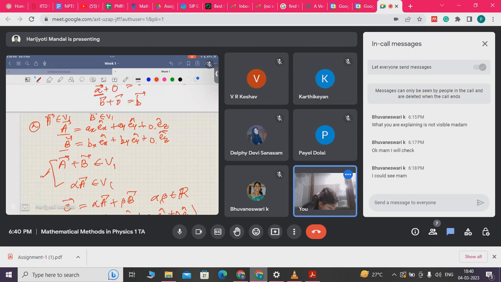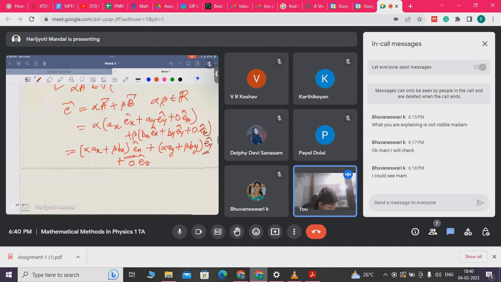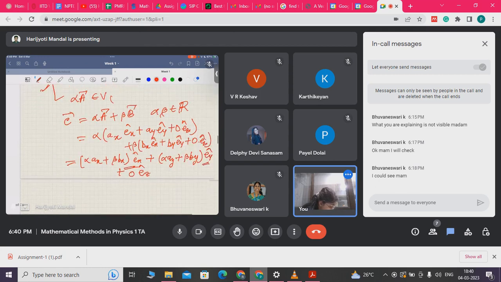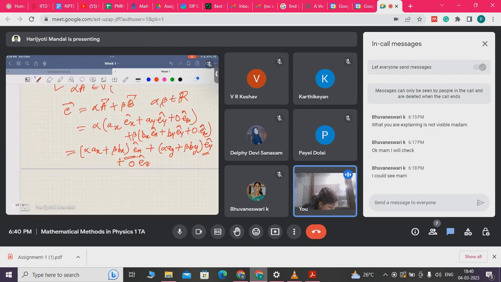So if we look at A and B, the structure of this vector when we write in this way is: there is a coefficient with EX, a coefficient with AY, EY and a 0 coefficient with EZ, and same for B also, you can see.